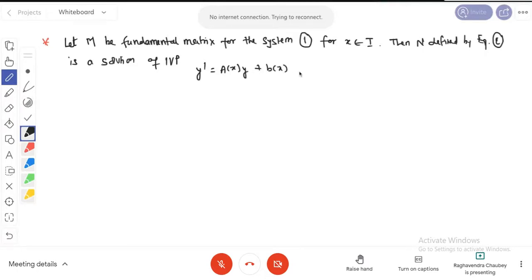And the initial conditions are given, which is, suppose, equation D.